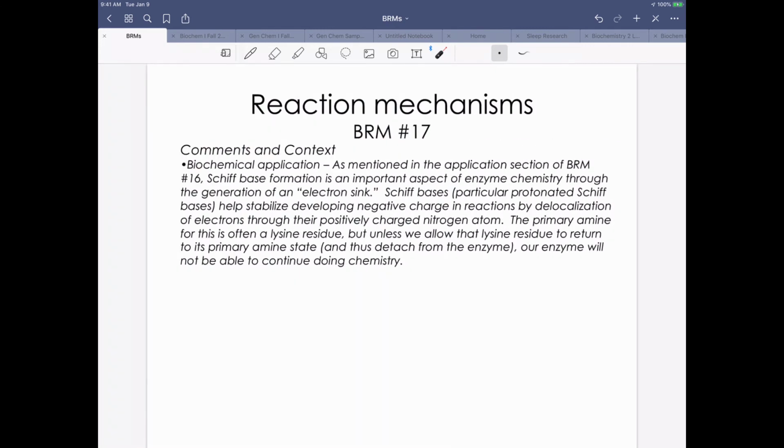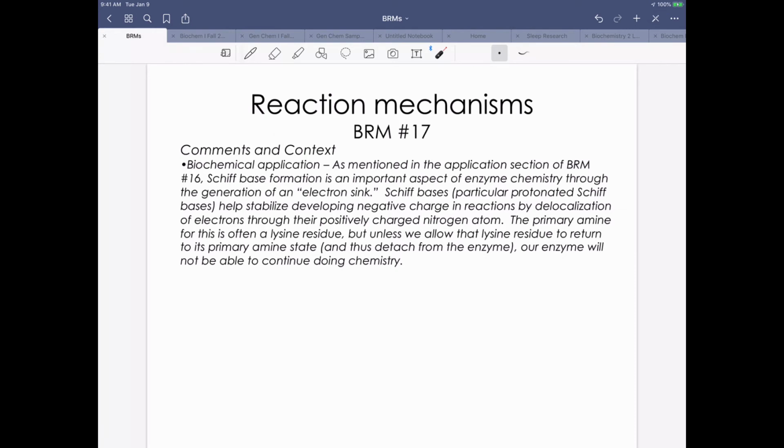So again, just a little biochemical application here. Schiff base formation is a really important aspect of some enzyme chemistries that we'll see. We generate this electron sink, which allows us to withdraw electron density both inductively and via resonance. That allows us to facilitate some chemistries where we generate a negative charge on an intermediate.